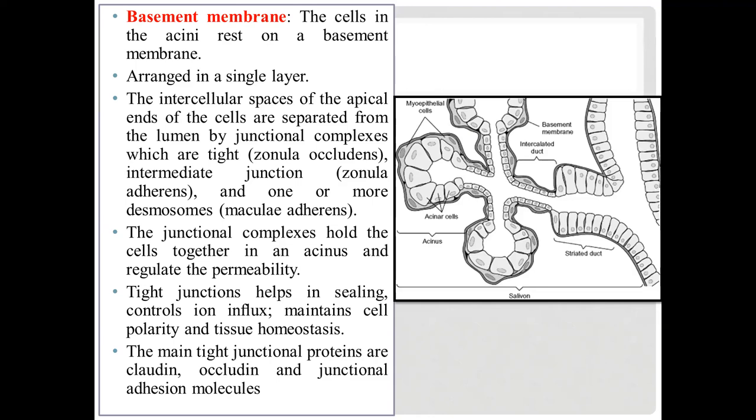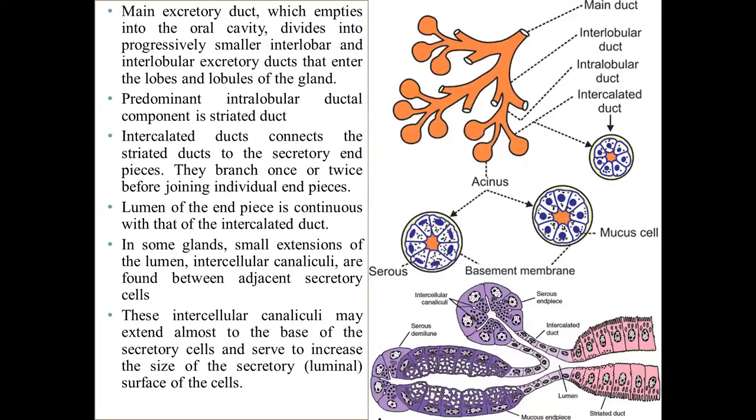The function of these junctional complexes is mainly to hold the cells together, and they also regulate permeability. The tight junctions help in sealing and control the influx of ions, and they also maintain cell polarity and help in tissue homeostasis. The main tight junctional proteins are the claudins, occludins, and the junctional adhesion molecules.